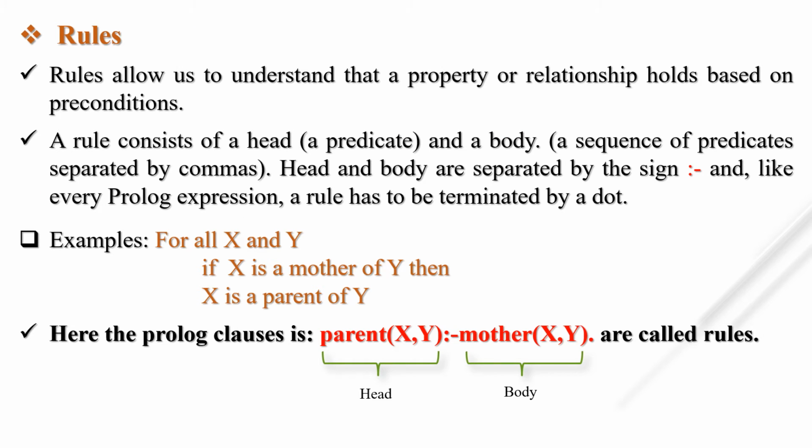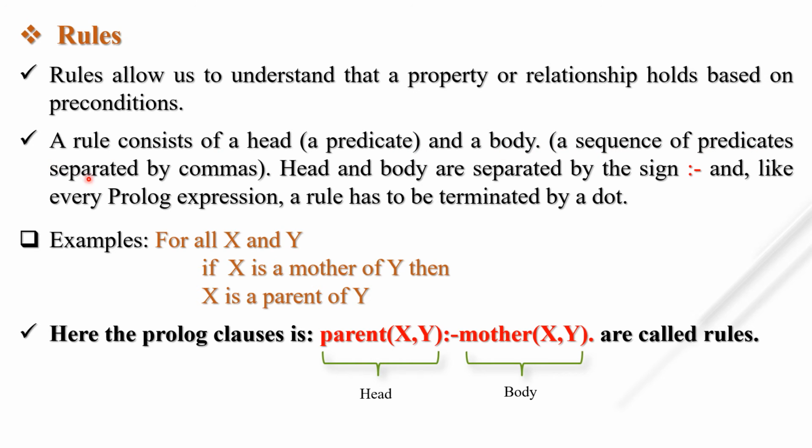Then what is a rule? We know that a predicate followed by a dot is known as a fact. But a rule allows us to understand that a property or relationship holds based on preconditions. So a rule consists of a head, that is a predicate, and a body. What is a body?